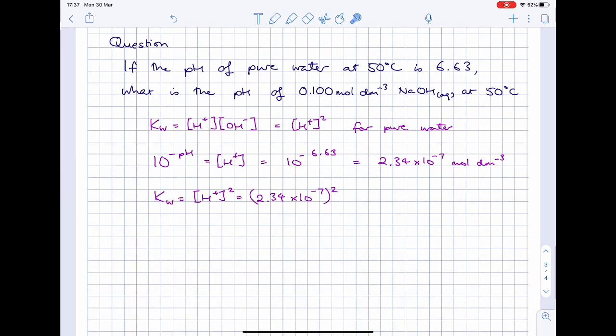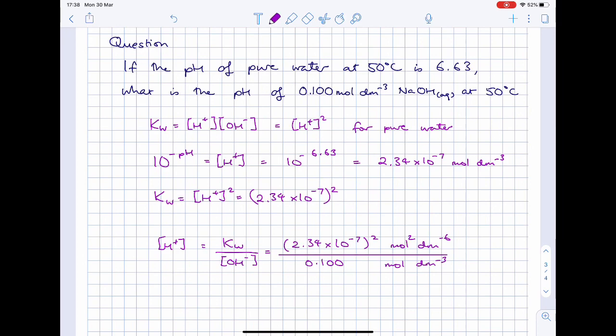To work out the pH of an alkali, we use Kw to work out the H+ concentration as follows. We substitute the value of Kw into this equation, and we know the concentration of the hydroxide ions from the question, so we work out the concentration of H+ ions and then put that into minus log to the base 10, and we work out the pH.